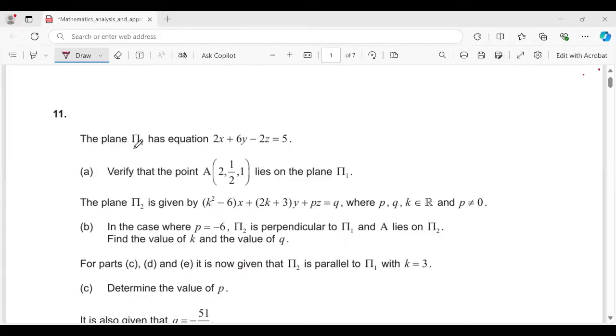11. The plane pi 1 has equation 2x plus 6y minus 2z equals 5. A, verify that the point A, 2, half, and 1 lies on the plane pi 1. Okay.